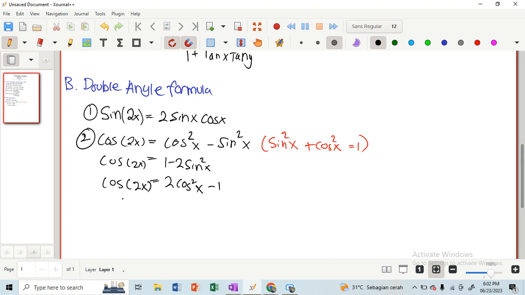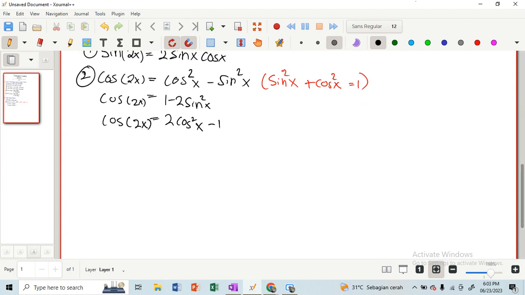Okay, and you can also change this double angle formula for certain circumstances. For example, if you want to expand the cosine of 4x, the identity could be cosine squared 2x minus sine squared 2x.